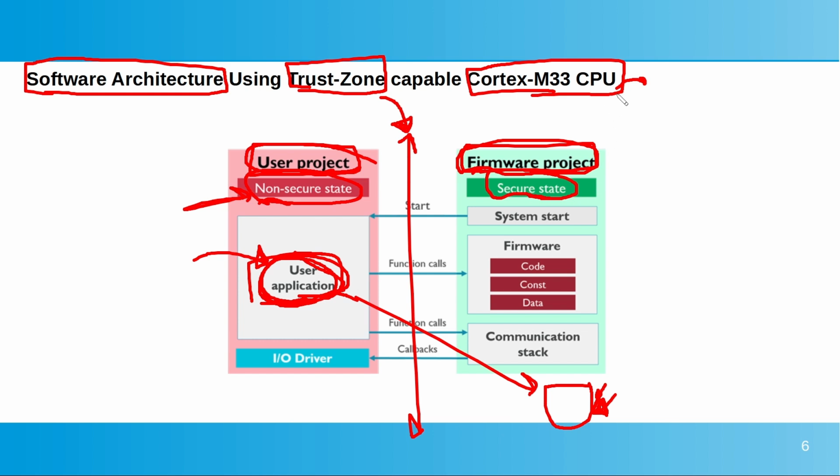Means those trusted firmwares will be executed while the Cortex-M33 CPU is running in secure state. And this secure state will give the CPU privilege to access those protected areas.